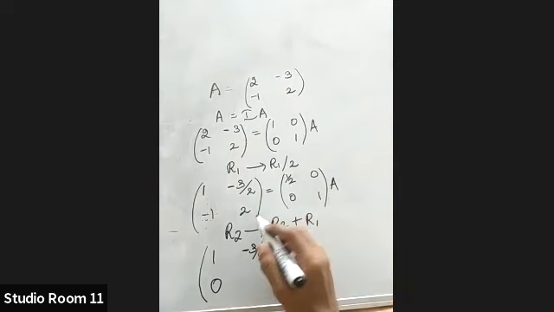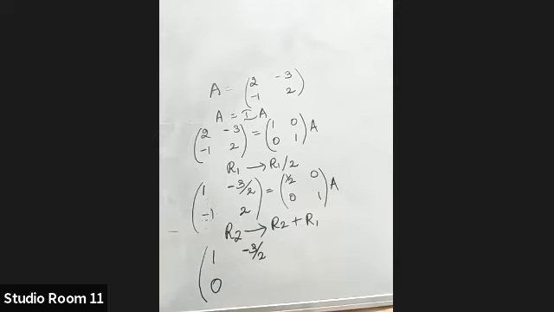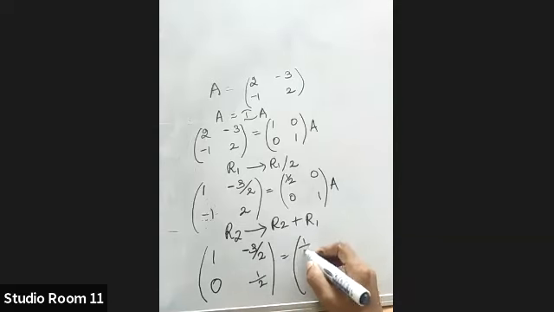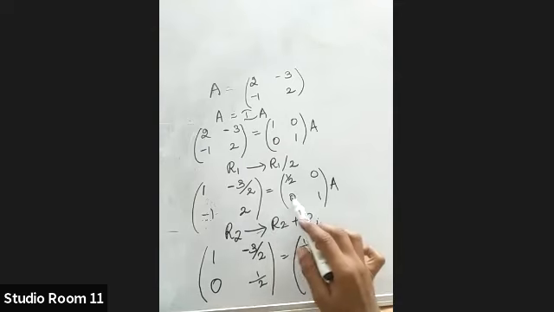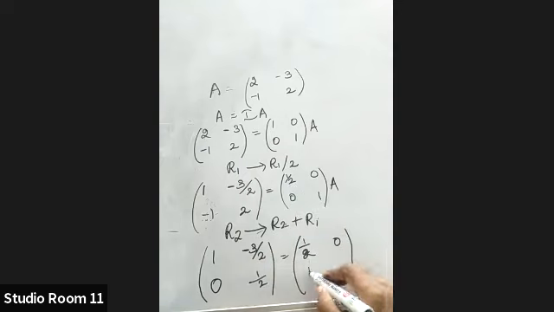Then 2 plus -3/2 is 1/2. On the right side, first row no change, second row: 0 plus 1/2 is 1/2, and 1 plus 0 is 1, into A. So now we are getting it like this.